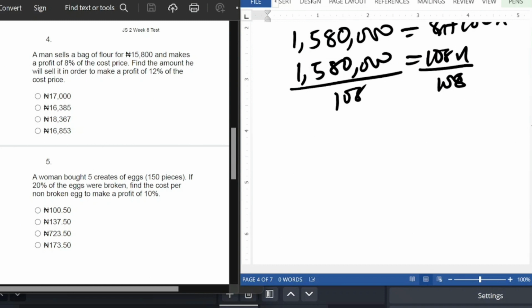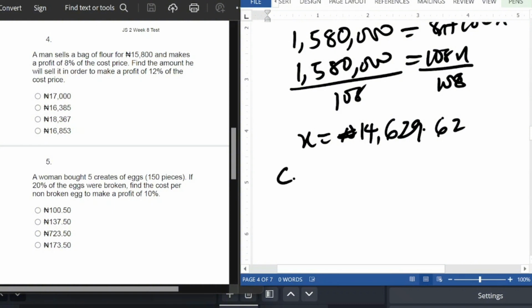So x is 14,629.62. That means the cost price of the item is approximately 14,629.6.